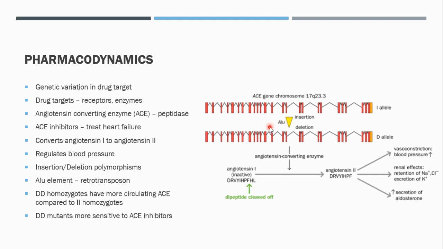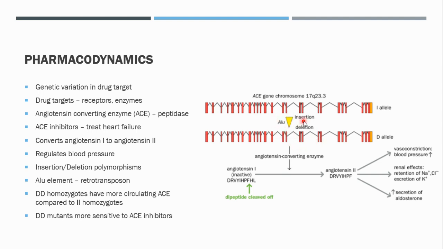Now, when this ALU element is inserted, what happens is that patients have reduced levels of circulating ACE. So they have reduced amounts of the ACE enzyme, whereas patients who have the deletion have higher levels of circulating ACE.